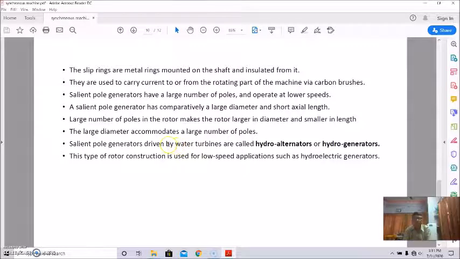As a result, salient pole generators have a large number of poles and operate at lower speed.